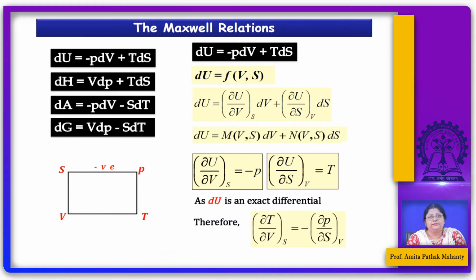I don't know how many of you are with me. This is going to be the M, and that will be equal to minus P if I compare this. And this is going to be the N, and that should be equal to the T here in this expression. So if I do a double differential, what will happen?